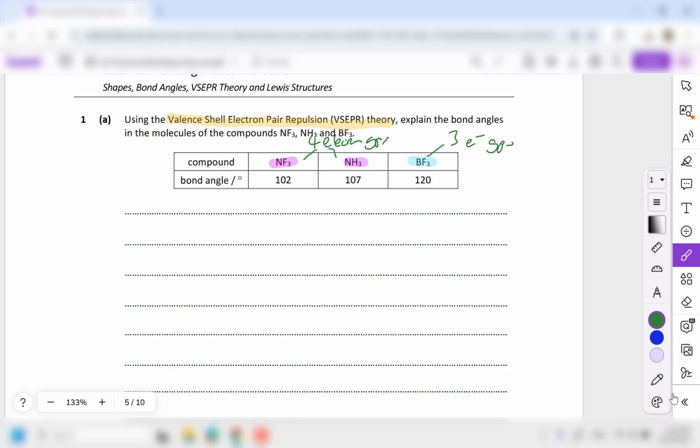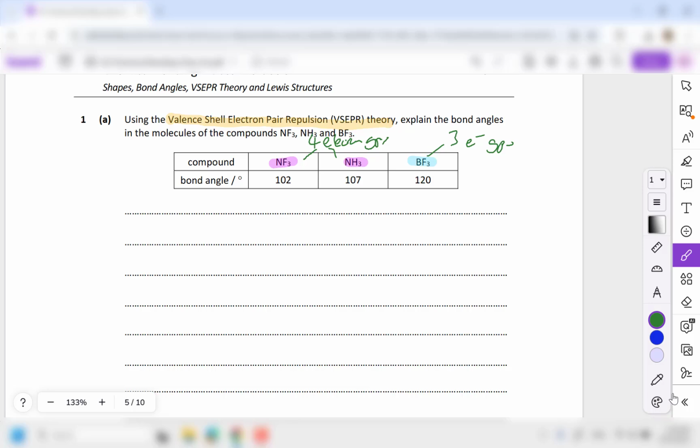So leveraging on this, when you are trying to explain how we get the bond angle that is being shown to us, we need to look at the first principle of VSEPR theory, or the first assumption: electron groups or electron domains will arrange themselves as far apart as possible around the central atom.